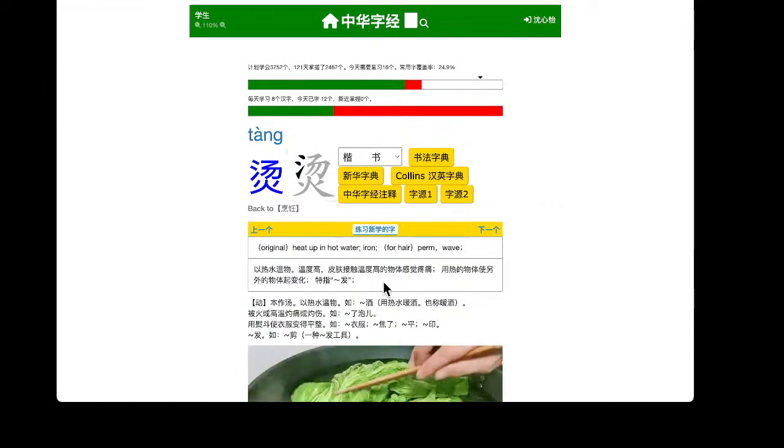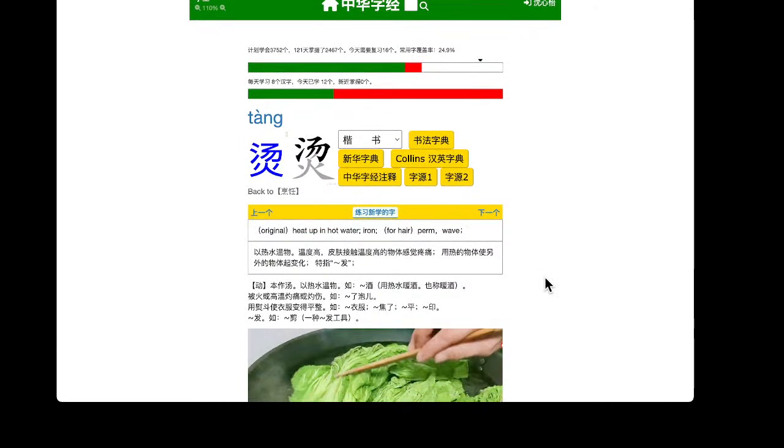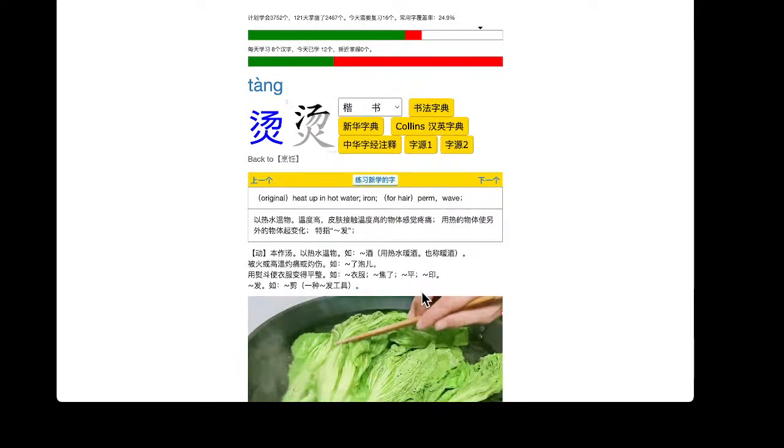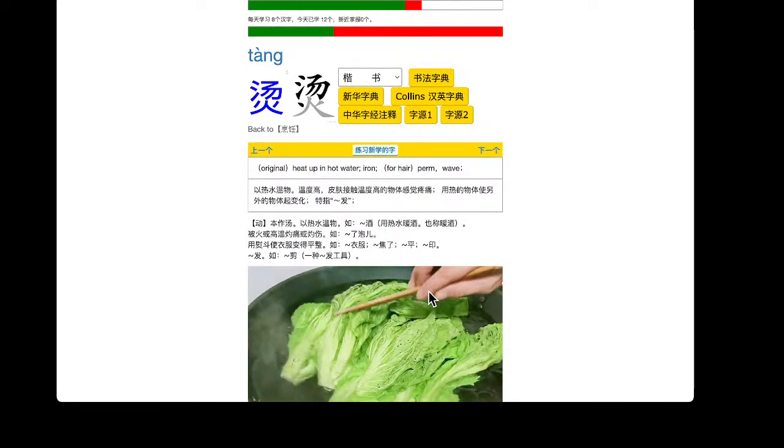烫. Okay, 烫 means to heat up in hot water. So it's a way of heating up a thing by putting it in hot water. Sometimes you know 烫酒. There's a particular wine in China called 黄酒, and traditionally people like to enjoy it hot.